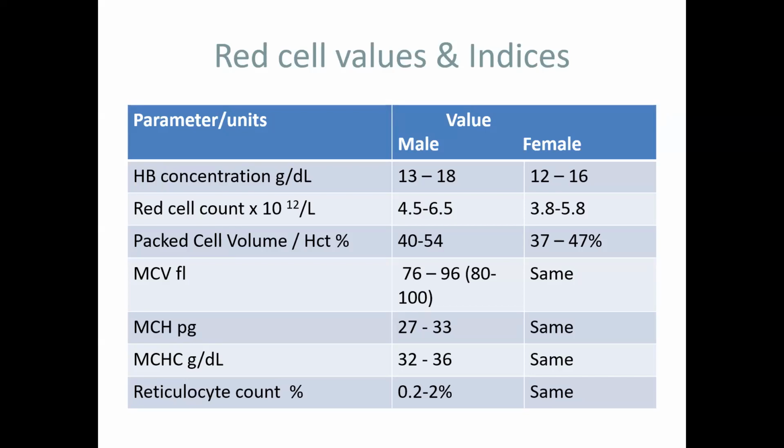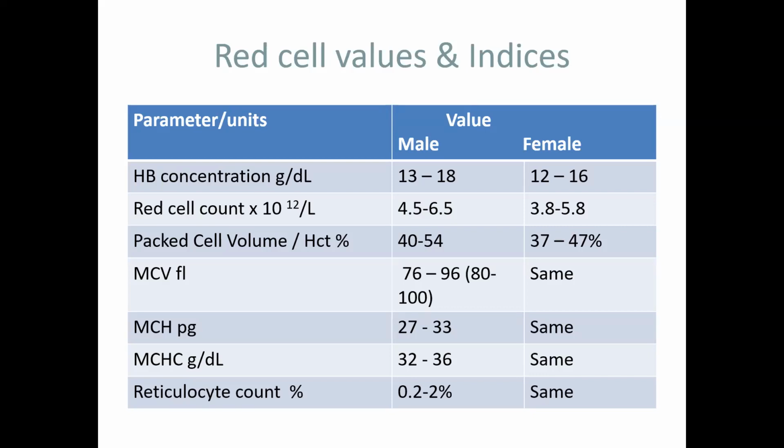The mean corpuscular hemoglobin, or MCH, which is measured in picograms, again tells you the mean hemoglobin found per cell.